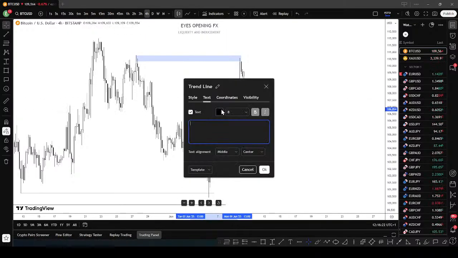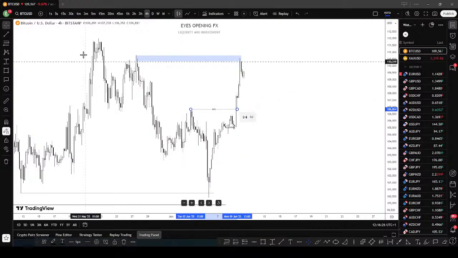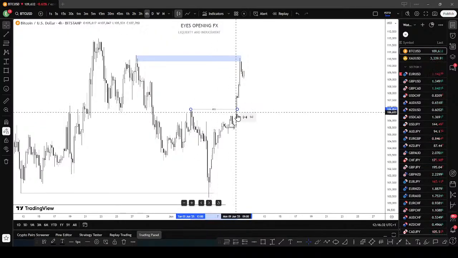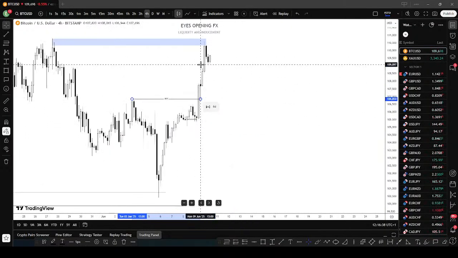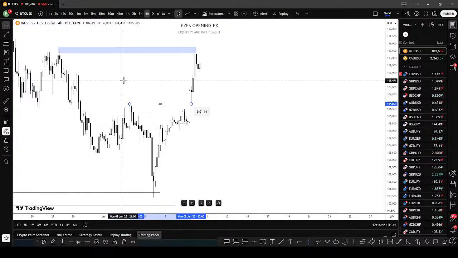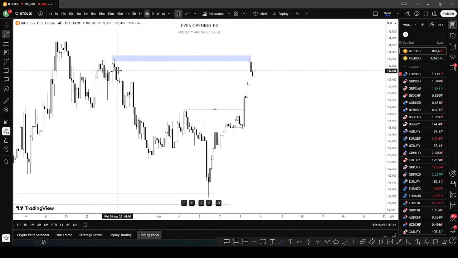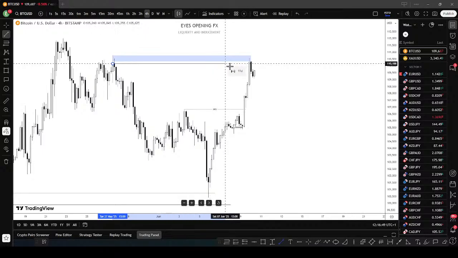Here we have a short-term break of structure to the upside before this major break of structure, so that's why I'm calling this a short-term break of structure. Here we have a support level ahead of price for this bullish run. Currently we are within this candle, and we understand from this time frame that the market has already engulfed this resistance level.